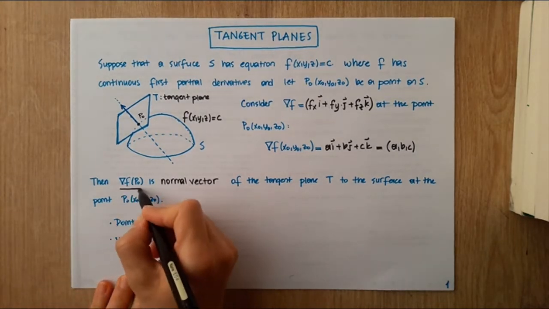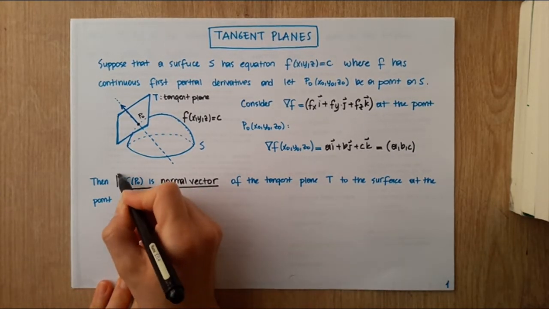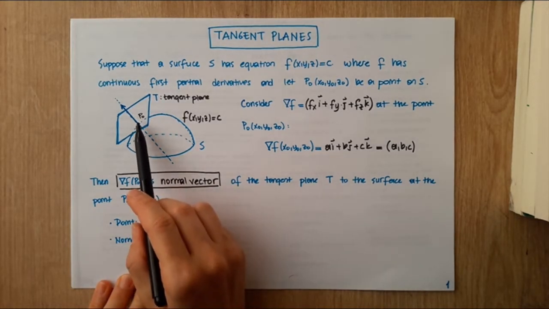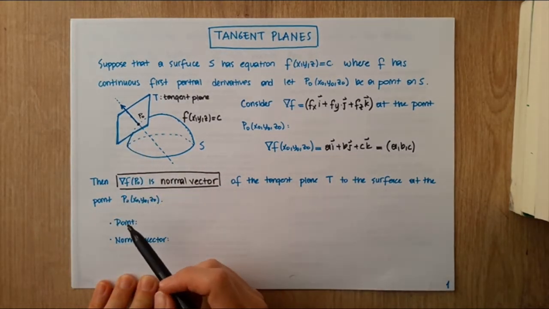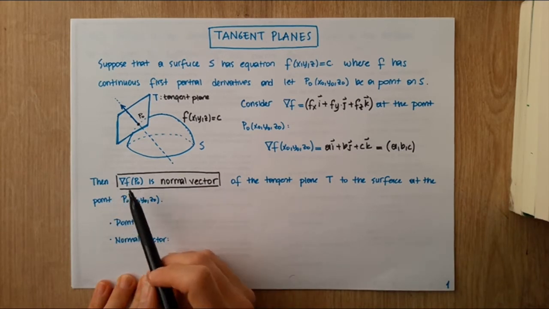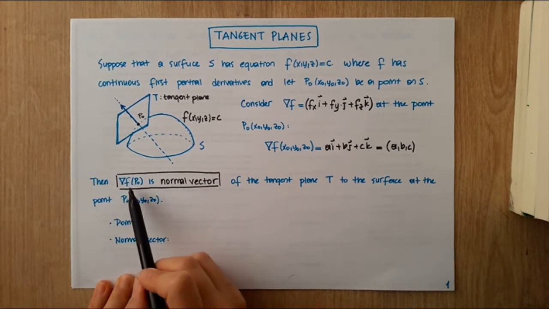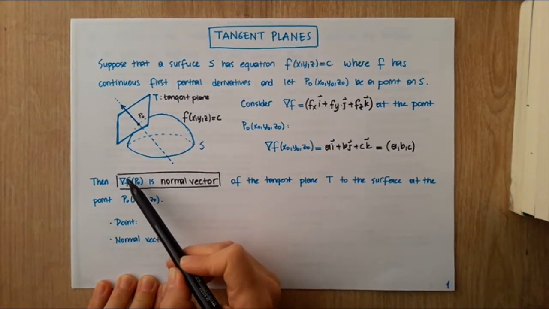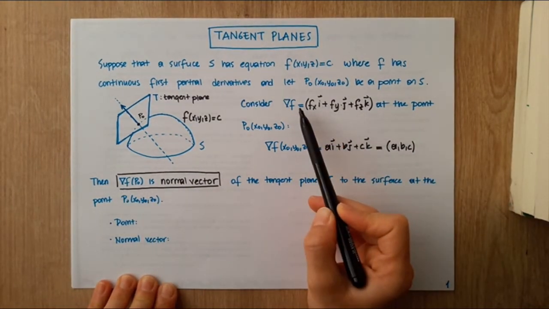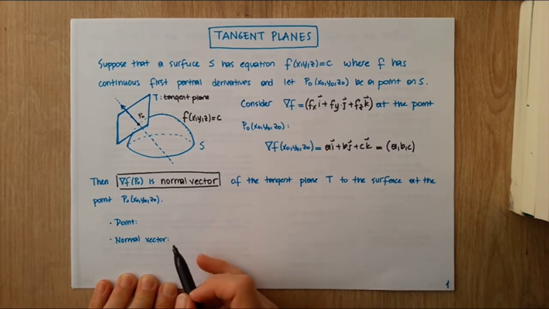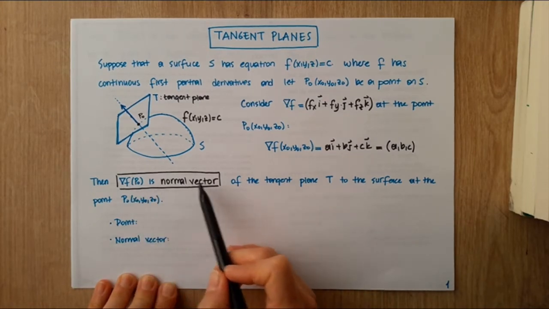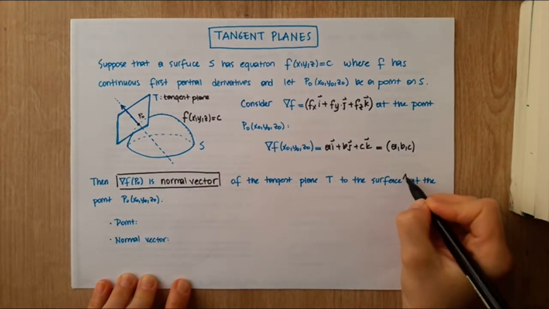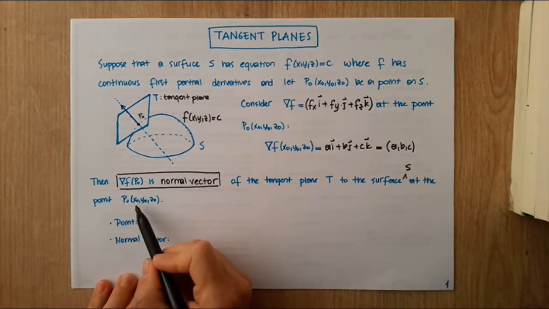Okay, this is important. You need a point and you need a normal vector, and the point is given here. It will be given in the questions, and the normal vector can be calculated using the function of the surface and the gradient vector of this function. Okay, so this is the normal vector of the tangent plane T to the surface S at the point P0.